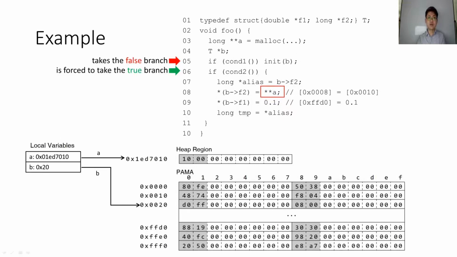Observe that any following dereferences will be within PAMA and do not cause any exceptions. This illustrates the SCMB property. We also observe that the value of B->F1 dereferenced at line 9 is different from that of B->F2 dereferenced at line 7, and hence they disambiguate themselves, which illustrates SDMB.